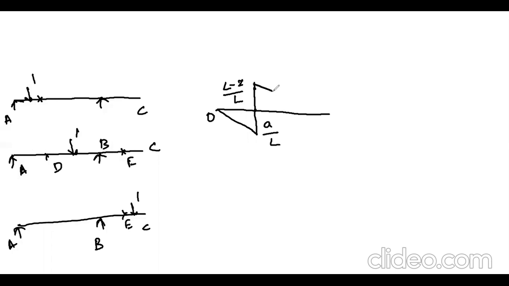Next, at the point B, it becomes 0. Whenever it moves again, it will get the ordinate value as minus A by L. Okay, now we have found the influence line diagram for the force D.